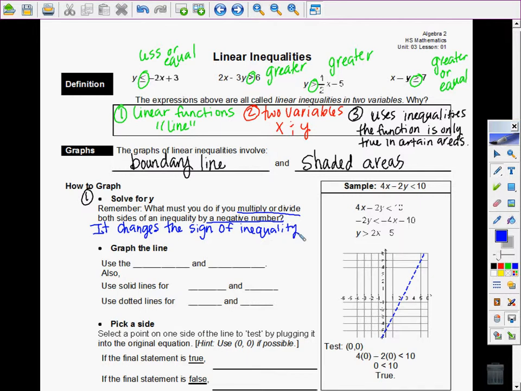So if I have a greater than inequality, but I divide by -2, it now becomes a less than inequality. Okay, does that make sense? If I have a less than inequality, it now becomes a greater than inequality.